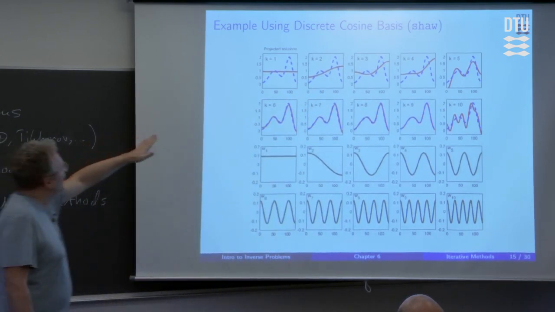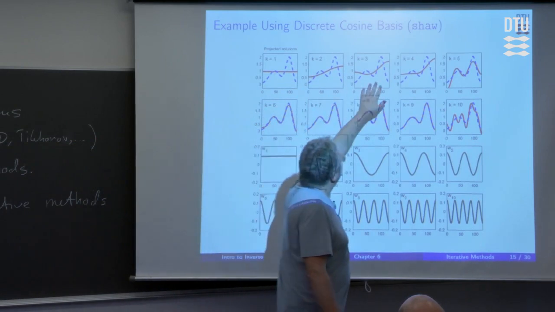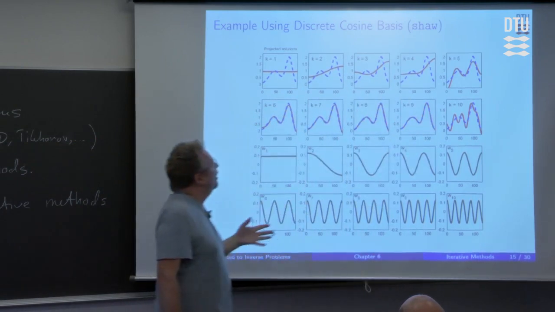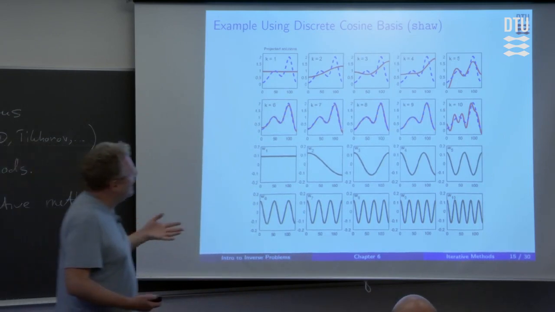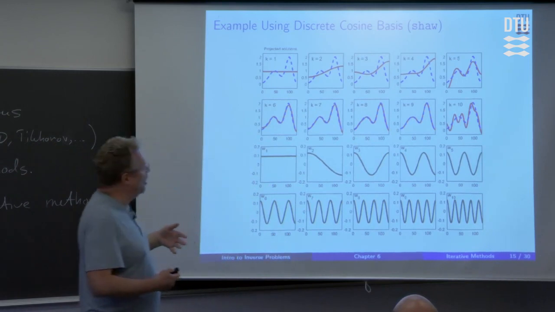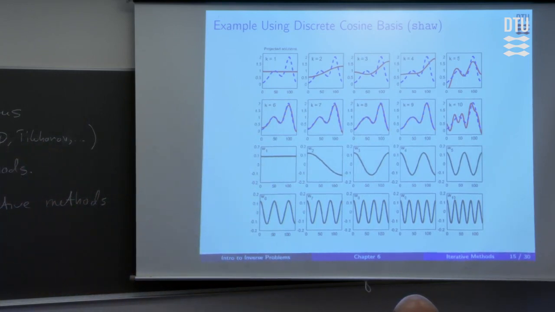But you can see as I increase k, as I include more and more of these cosine vectors with more and more oscillations, I'm able to actually build up more complicated approximations to my solution.